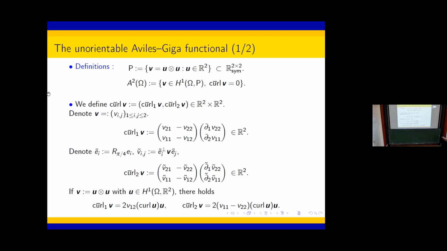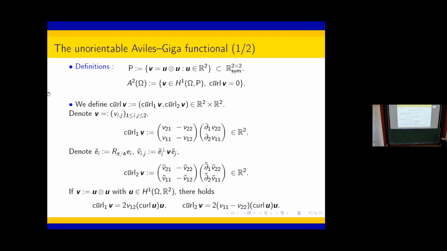Here I have a 2x2 matrix, but I have too much information in this thing. It's just for symmetries that I keep all this, so you can forget about the symmetry in the definition. But you can see that you have partial derivatives, of course, but this also depends on v, so this is non-linear. Okay, so the curl is non-linear.